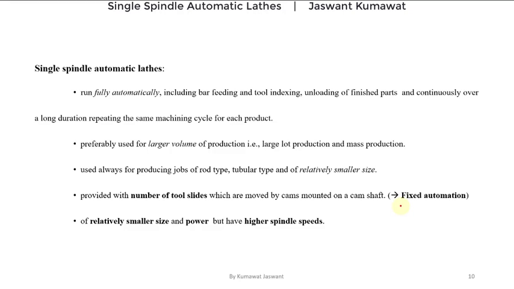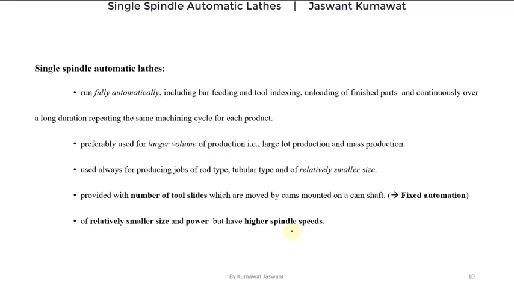We are using a control system of mechanical type, made of camshaft, cams, levers, mechanical stops, etc. Single spindle automatic lathes are of relatively smaller size and power but have higher spindle speeds. As you can recall from the picture we saw a few minutes ago, the single spindle automatic lathe shown there is of smaller size, but these lathes have a higher spindle speed range.